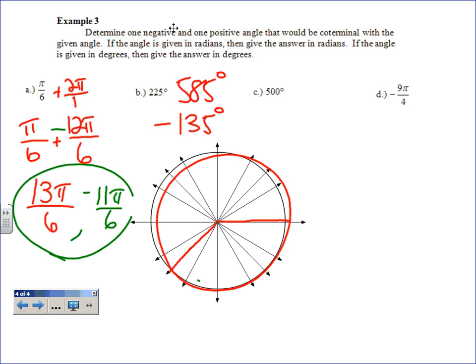But is there anything wrong with saying 860 degrees for that answer? No, there's nothing wrong with it. But if you subtract 360, you get, what, 140? So 140 degrees would be a possible, and then you could just subtract 360 again, and you get negative 220. Right, and then subtract 360 again.